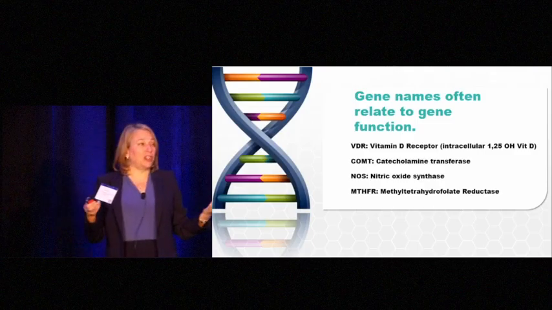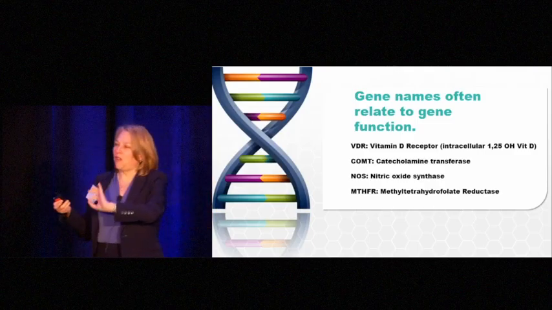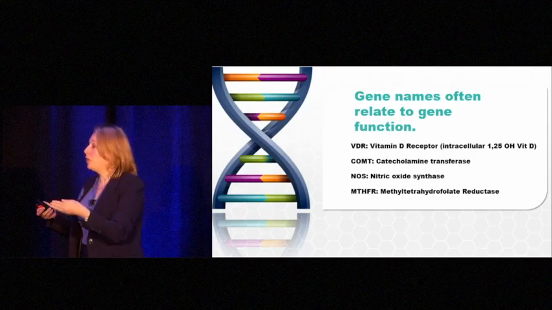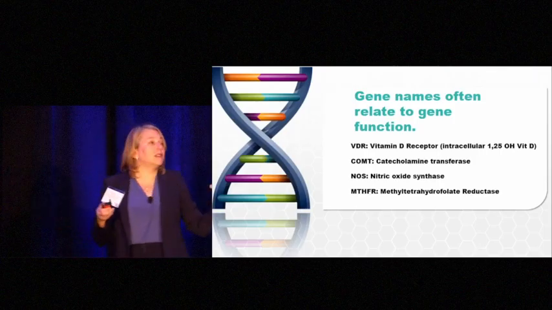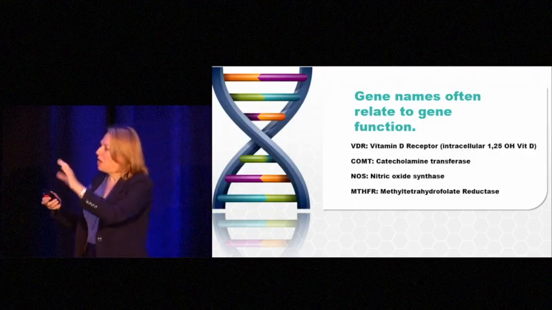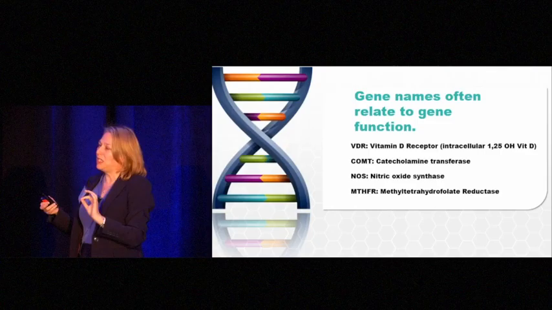It's a 125-OH receptor. So it really does not relate heavily to vitamin D levels. There are other genes that relate to the synthesis of vitamin D and the first step of hydroxylation of vitamin D that are much, much more highly associated with vitamin D levels.